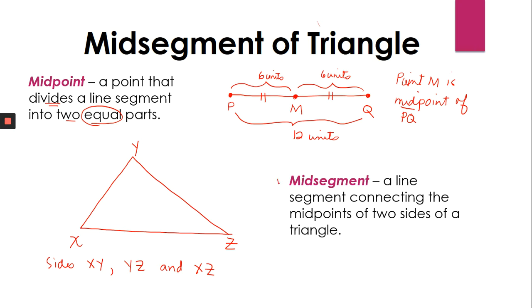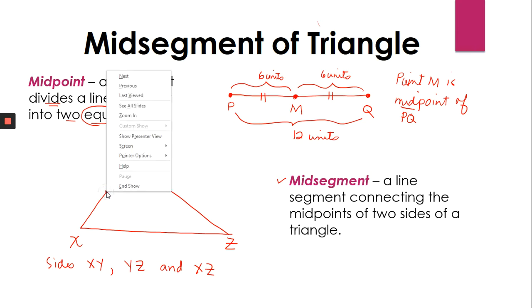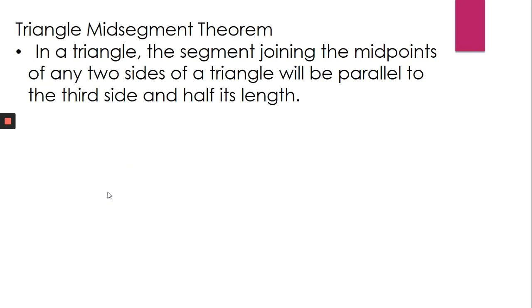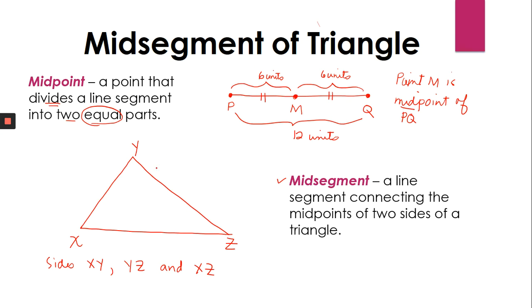Now when you say mid-segment, that is when you have a midpoint on the sides of the triangle. Let's say for side XY, this is point P. Let's say point P is the midpoint of XY. As we have already discussed, it should be at the middle of side XY and divide it into two equal measures.